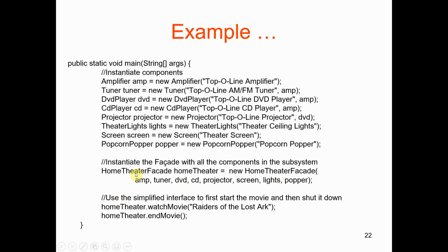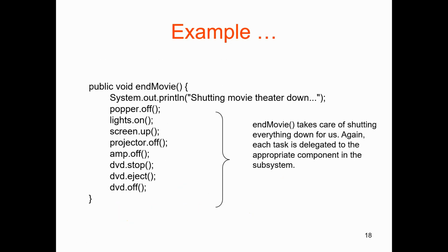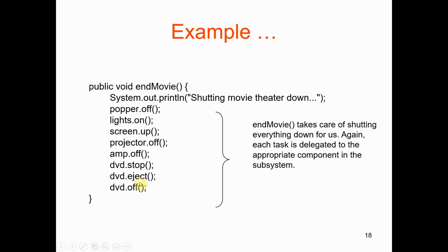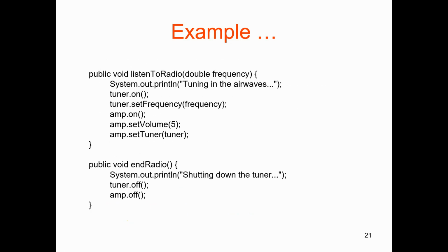So first you have to create a facade, then use the facade, and then use the simplified interface. You want to watch a movie, now you just need to specify the name of the movie, and then the facade will do the rest. We'll go through the steps for you to watch a movie.